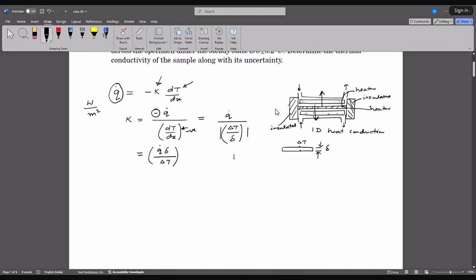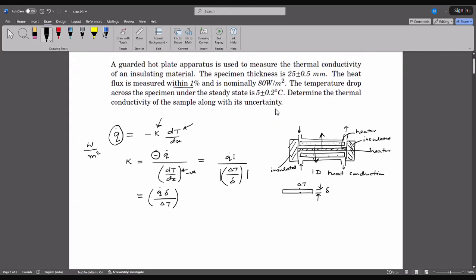Now look at the question. You have a guarded hot plate apparatus used to measure thermal conductivity of an insulating material. The specimen thickness is 25 plus minus 0.5 mm. First, take the nominal value: delta is 25 mm, that is 0.025 meter.